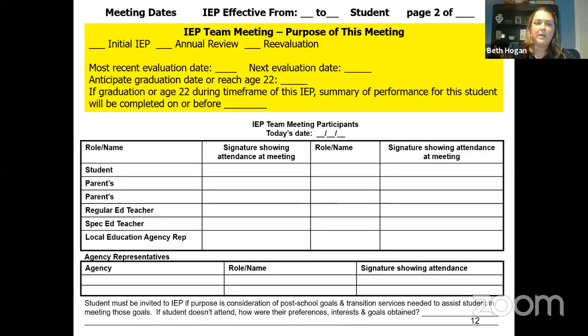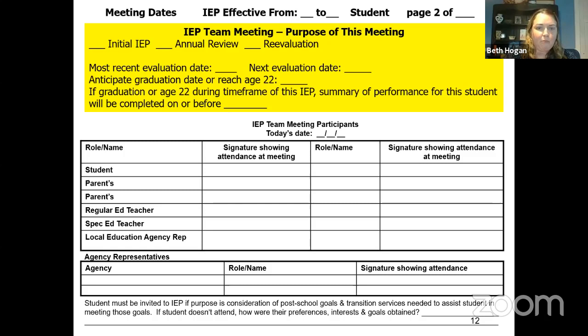We may, as a team, decide, okay, this student is going to need 1 extra year to complete his goals. And then during the process, you may realize they're going to need a little bit more time to do that. And that's something that the team will get together and discuss, and that date can change.